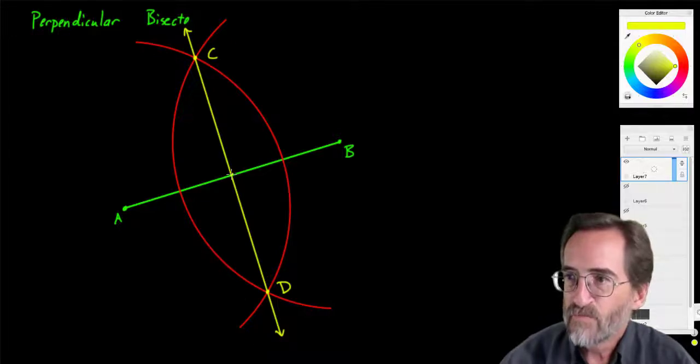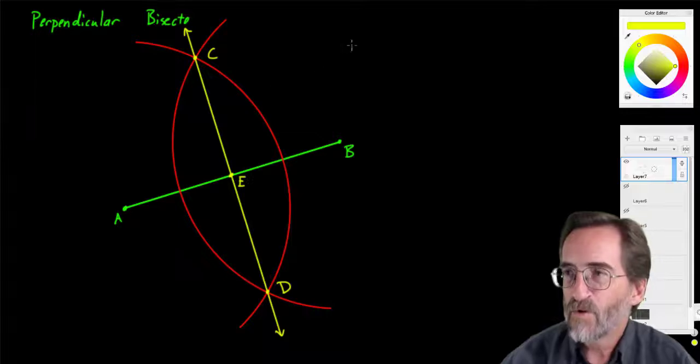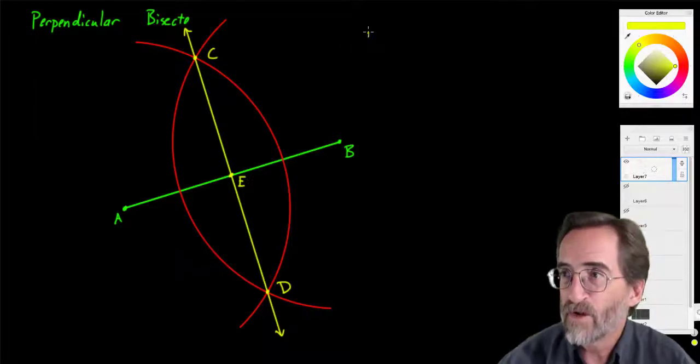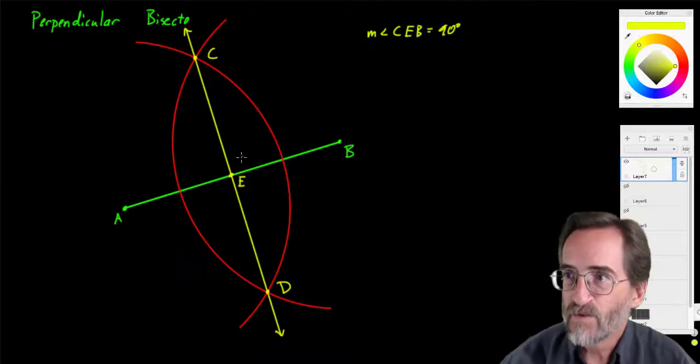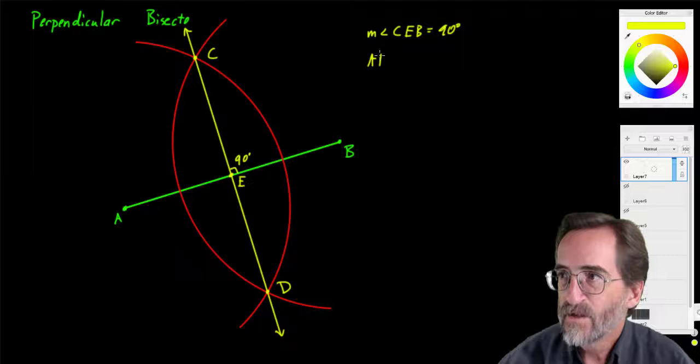They intersect at point E, and there's a couple of things I know. I'm not going to take the time to prove them. I know the measure of angle CEB is 90 degrees, because I know this is a right angle. I also know that AE is congruent to EB.